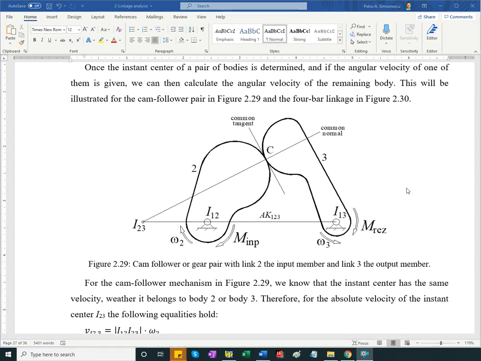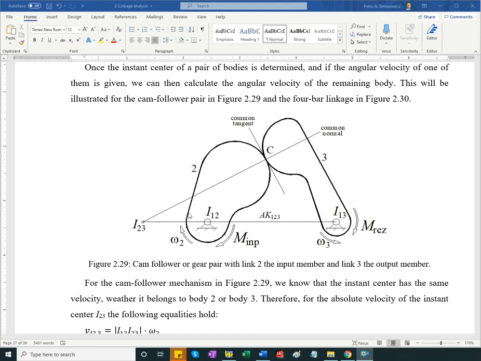Alright, so what I did, I paused the recording and I made some changes to the drawing. There was a mistake, the resisting moment was not opposing the motion of link number 3.